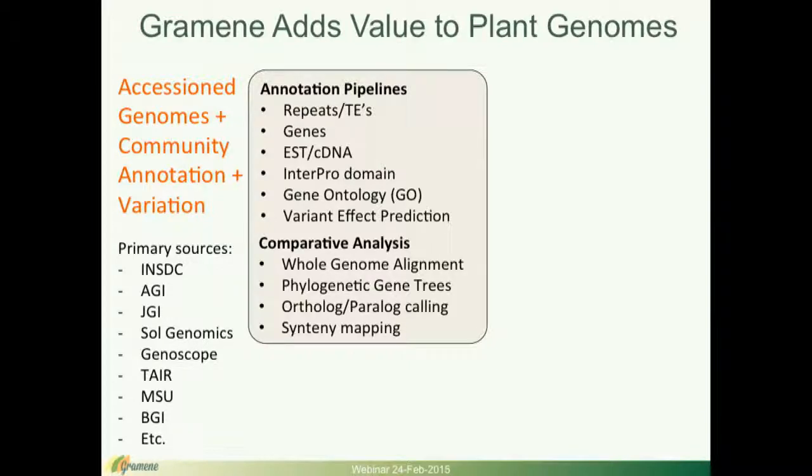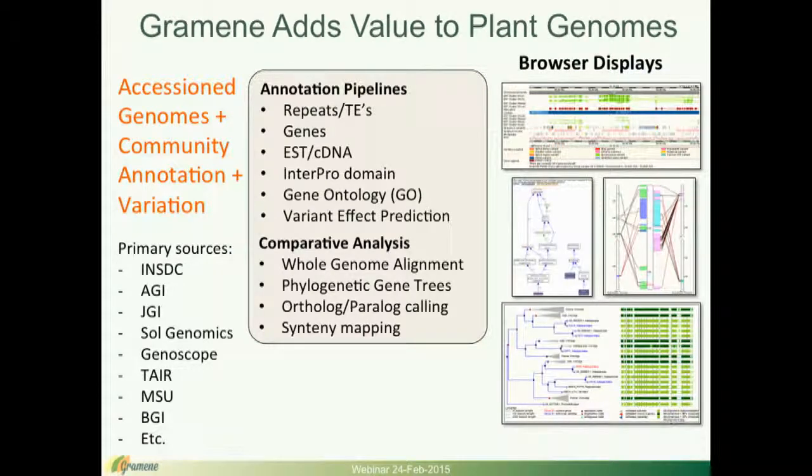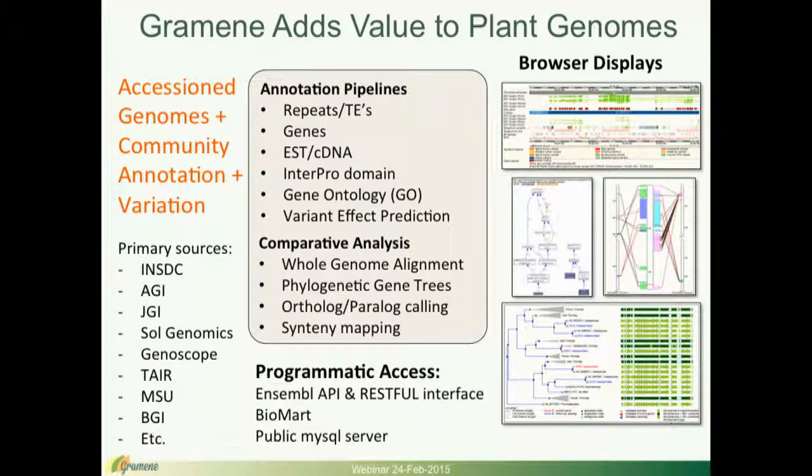We do secondary annotation of proteins, which I'll get into in a minute. And we do comparative genomics analysis, including whole genome alignments and phylogenetic gene trees and synteny mapping. Then we provide this information in a number of different browser displays and visualization interfaces, and also provide access programmatically through various means, including the Ensembl API, a RESTful interface, BioMart, and a public MySQL server.